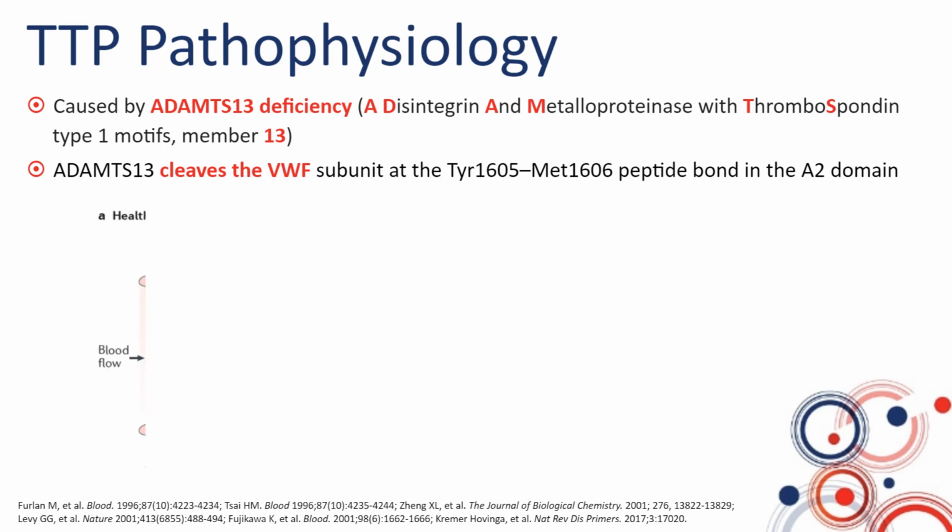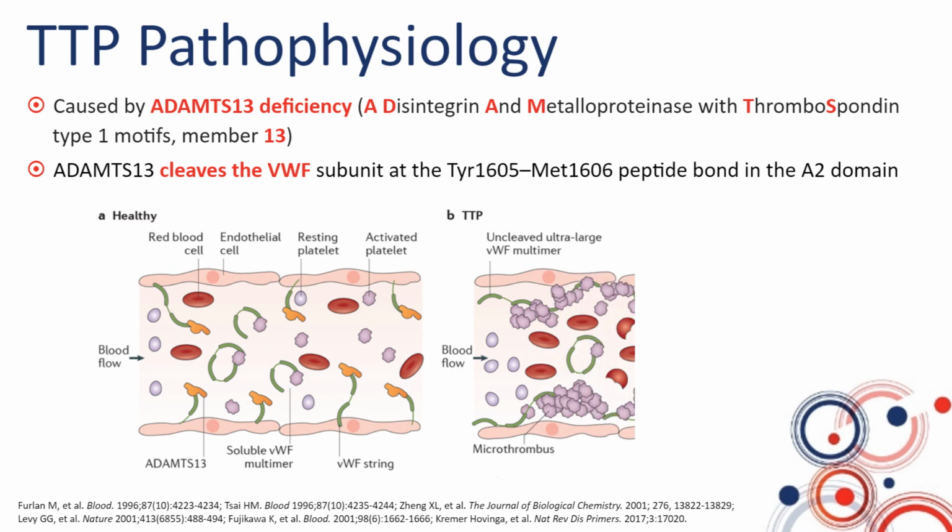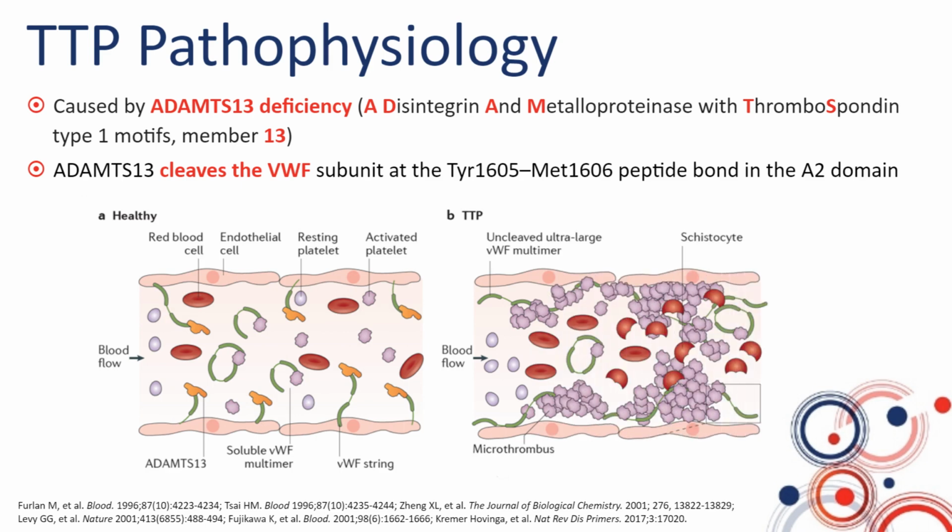And that has a very important role in the blood circulation in order to keep it really clean, without any accumulation of ultra-large von Willebrand factor and without any risk of higher adherence or binding of ultra-large von Willebrand factor to platelets at the GP1B receptor.